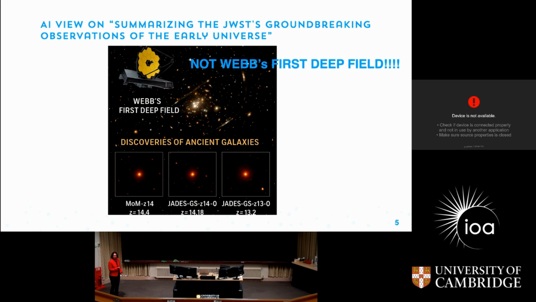That's not Webb's first deep field. That's actually not Webb's field, full stop. It's a completely fake picture, right? It has some beautiful lensing. If this was true, it would be a whole new lensing system. But here is my advice to students: don't turn to AI. AI produces a lot of really bad things. So this is not the overview of Webb.